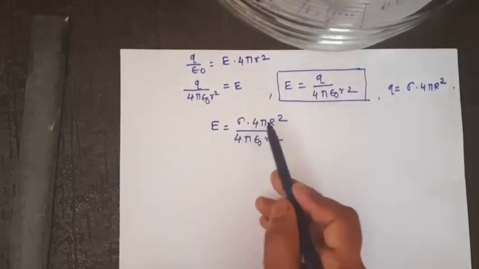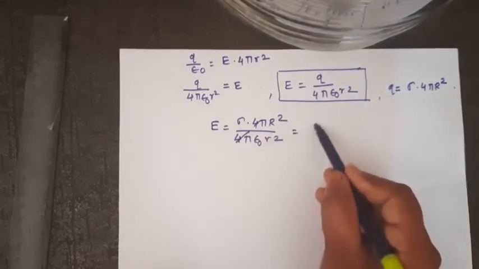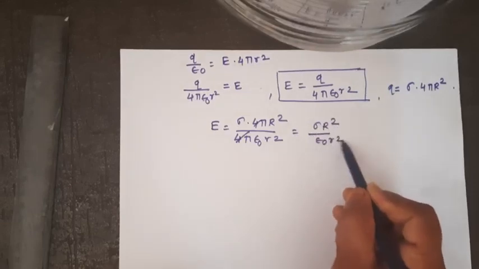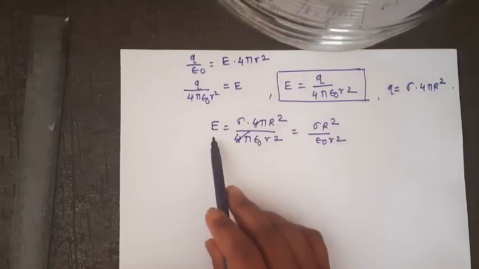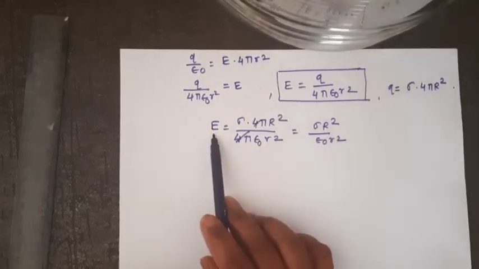The 4 pi gets cancelled, so we get sigma r square upon epsilon 0 r square. This is the value of the electric field outside the shell.